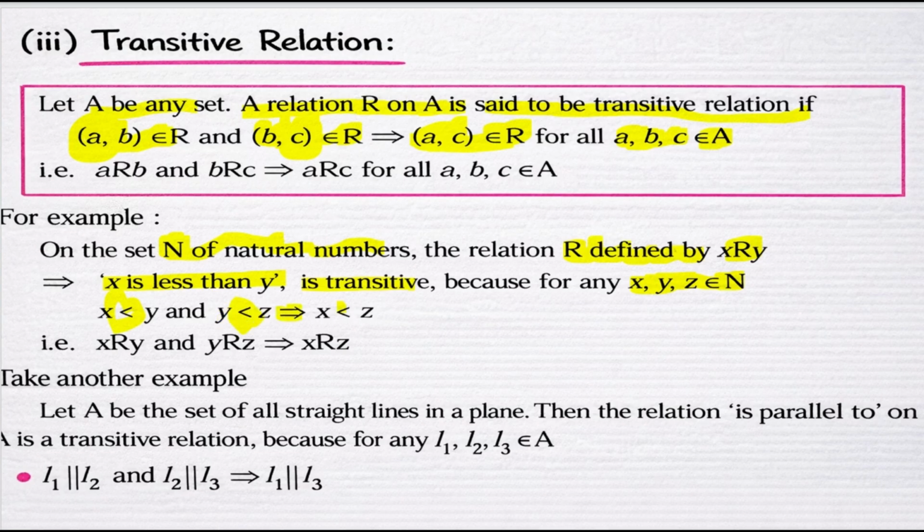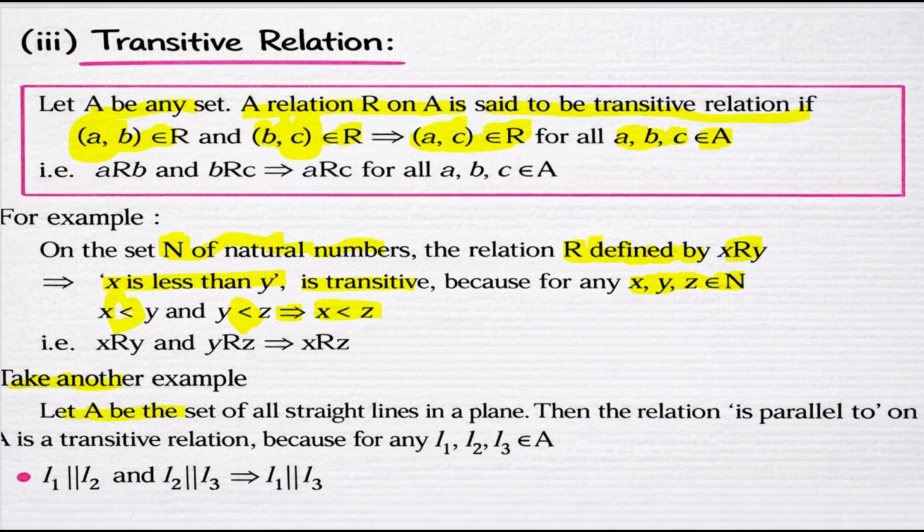It implies x is less than z. For example, 1 is less than 3, 3 is less than 5, then 1 must be less than 5.